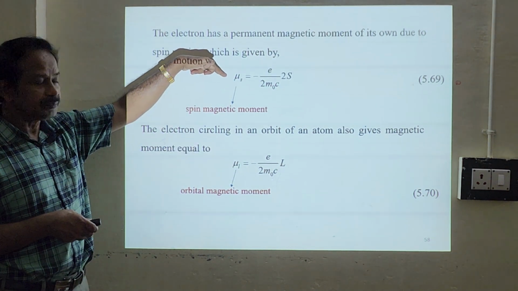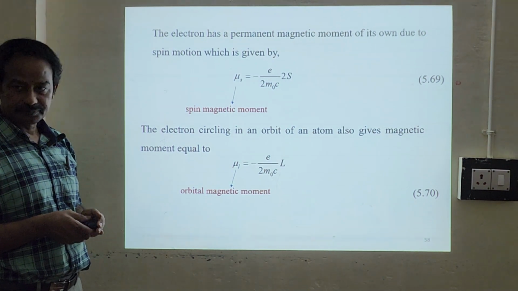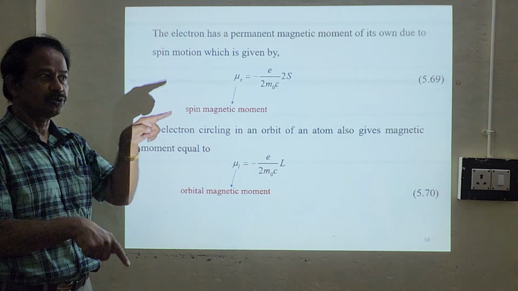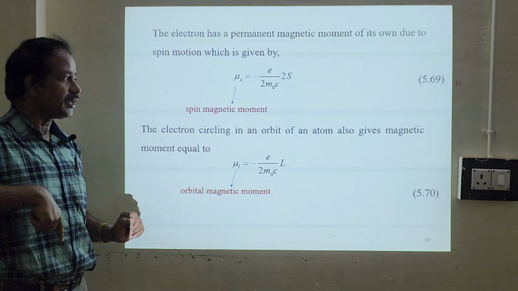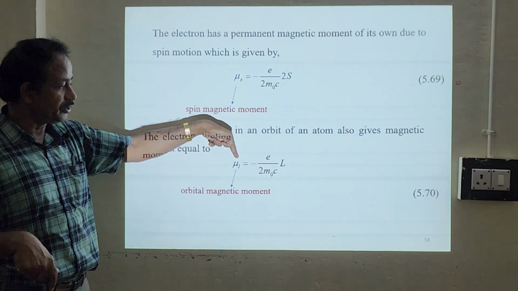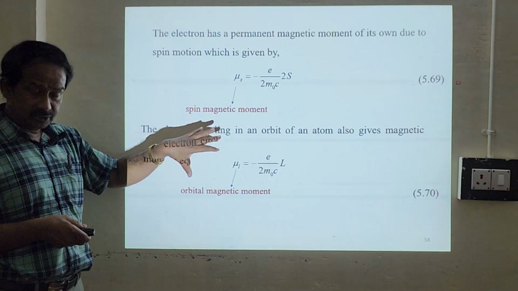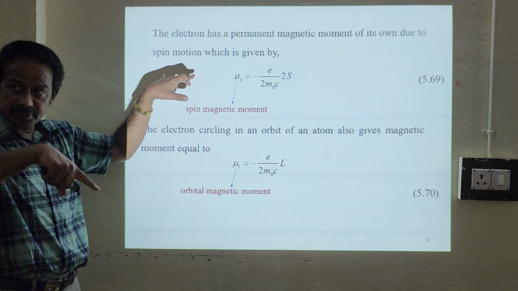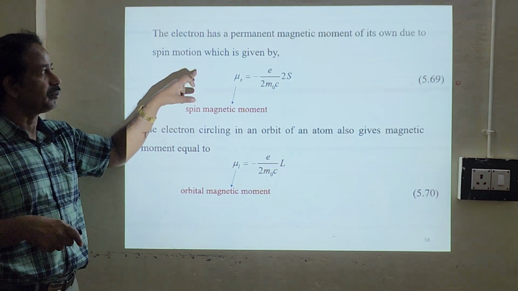This is for the spin contribution, and this is for the magnetic moment of orbital angular momentum. For the spin magnetic moment, mu s equals minus e divided by 2 m naught c, times 2s. So one is up, another one is down, and that's why this 2s exists: two values. And for orbital angular momentum, the orbital magnetic moment mu L is given by minus e divided by 2 m naught c, times L. So this also gives rise to a magnetic moment; orbital angular momentum gives rise to a magnetic moment, and spin gives rise to a spin magnetic moment.